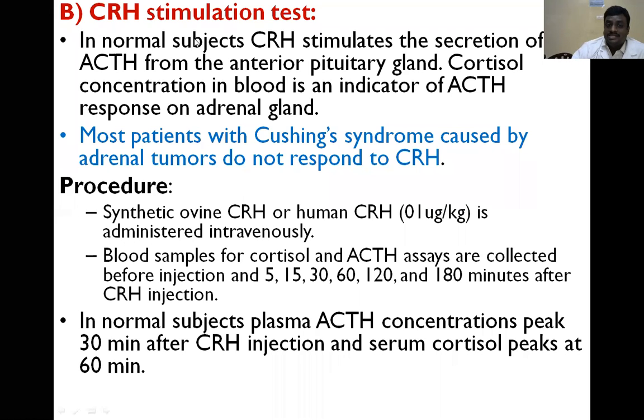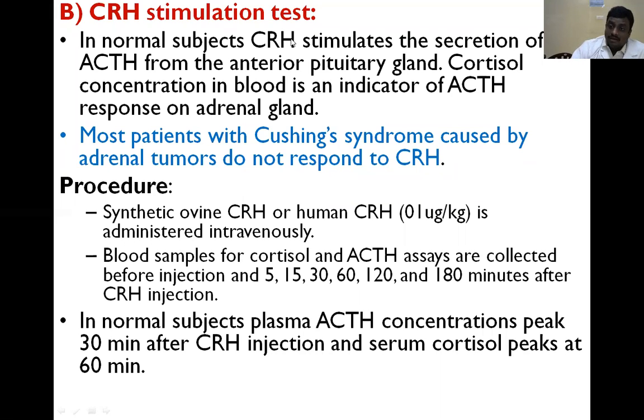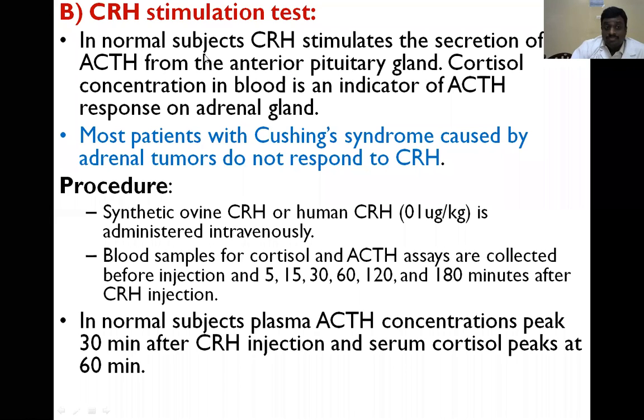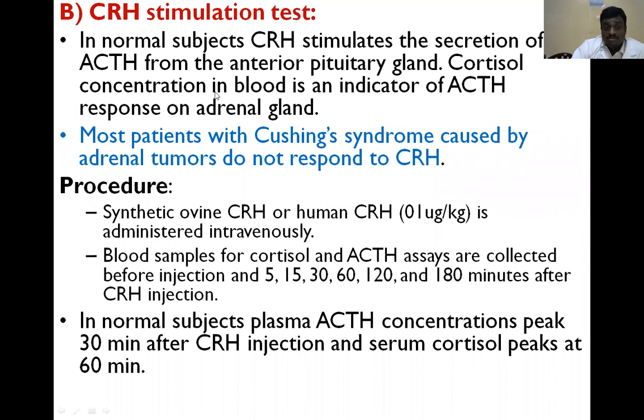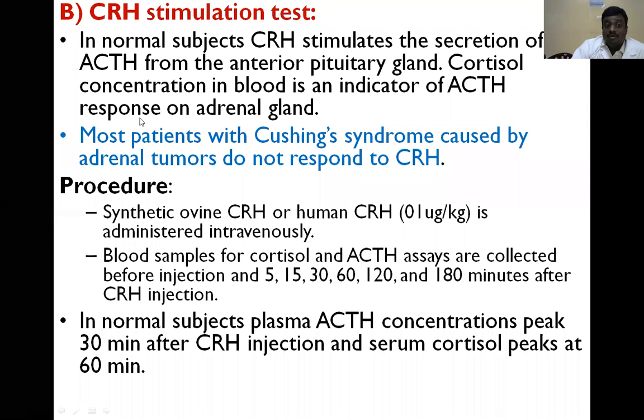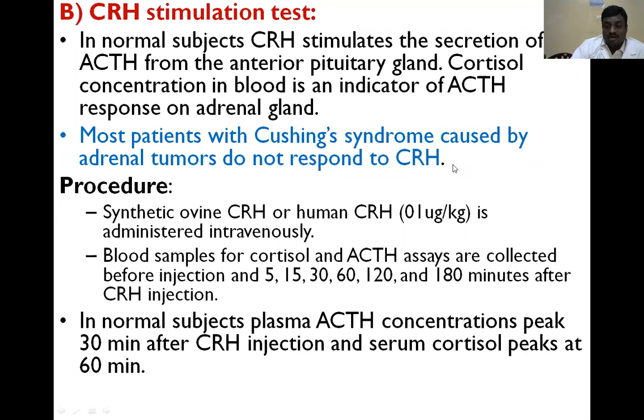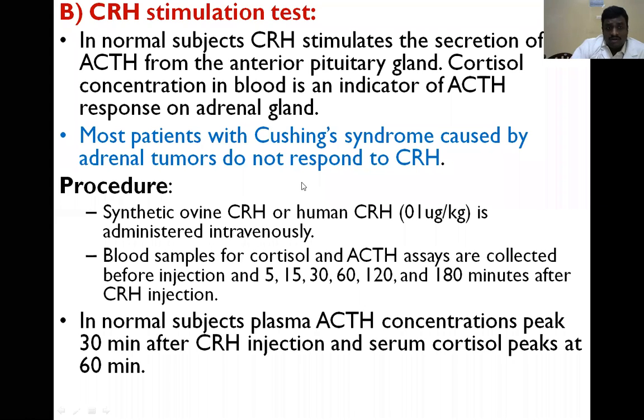When we provide it, it acts on the anterior pituitary gland, which then produces excess adrenocorticotropic hormone. That excess hormone then produces excess cortisol. So the cortisol concentration in the blood is an indicator of the adrenocorticotropic hormone response on the adrenal gland. Most patients with Cushing syndrome caused by adrenal tumors do not respond to corticotropin-releasing hormone, so this procedure you don't require. This is the second test.